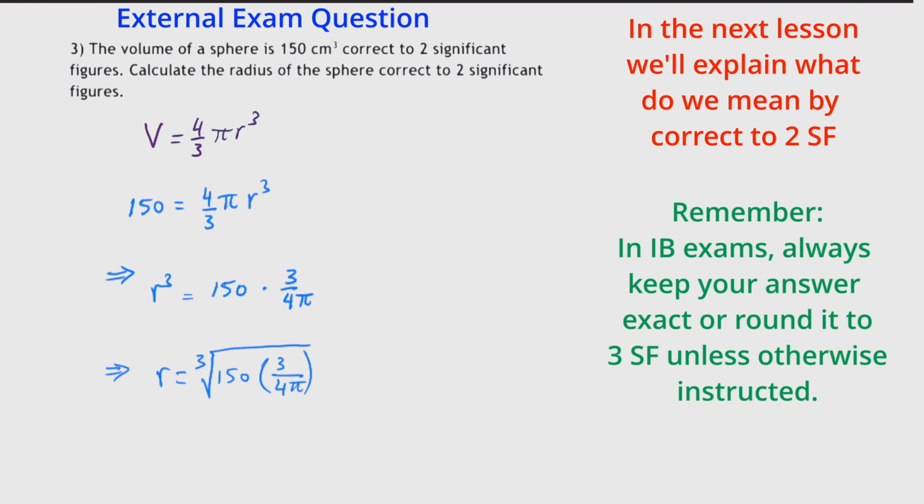Now, this is what we call an exact answer. If you keep your answer like this, you will not get the accuracy mark, because the question specified that it should be correct to two significant figures. So we have to use the calculator to calculate the answer.